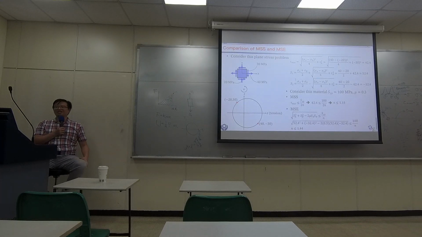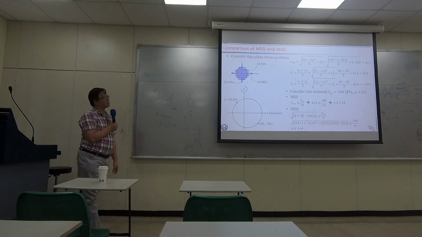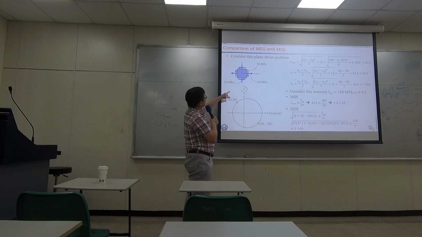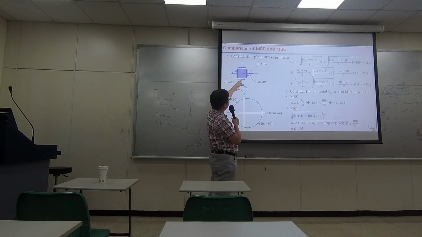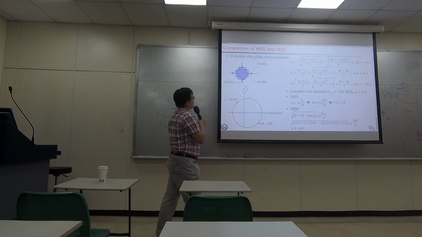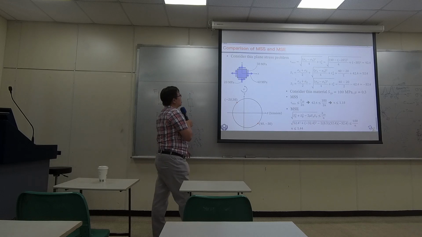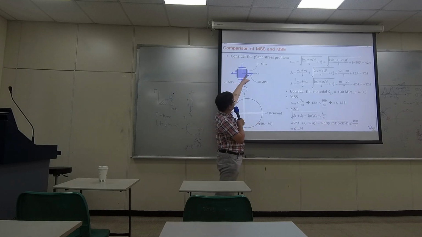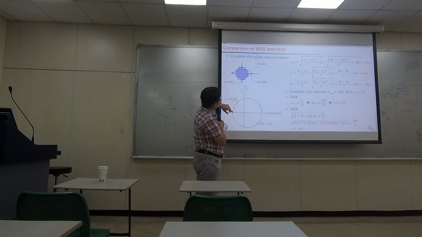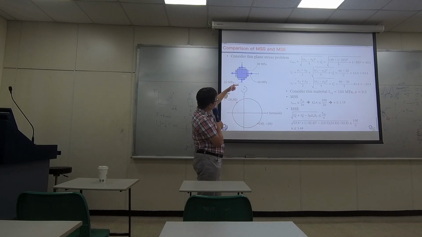Okay, let's try to study this particular plane stress problem. Right here, we have a diagram representing its stresses from different directions. If you draw the Mohr circle, you realize on the right-hand side, it gives you positive 40 megapascal of normal stress.